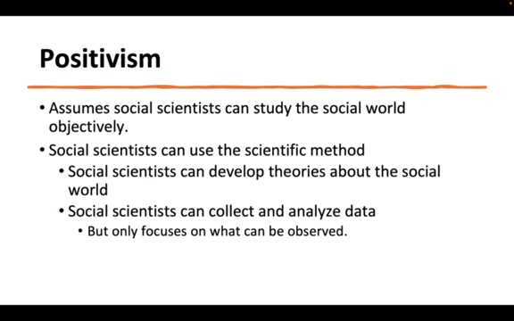Social scientists can also collect and analyze data that have to do with those theories and the hypotheses that are created from those theories. But a positivist can only focus on what can be observed. So beyond that, social scientists have no real conclusions to add about the social scientific world.